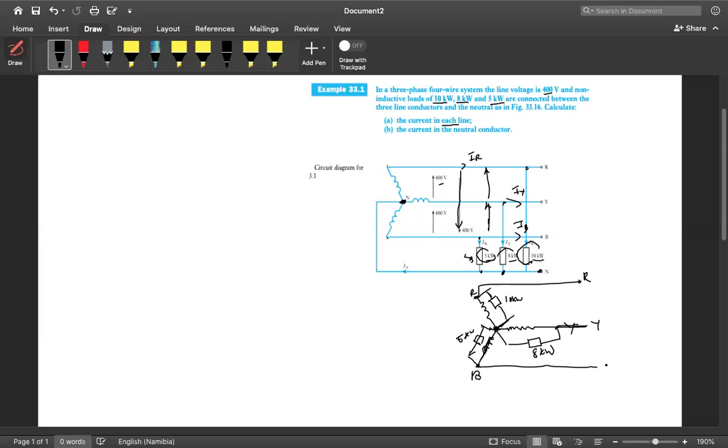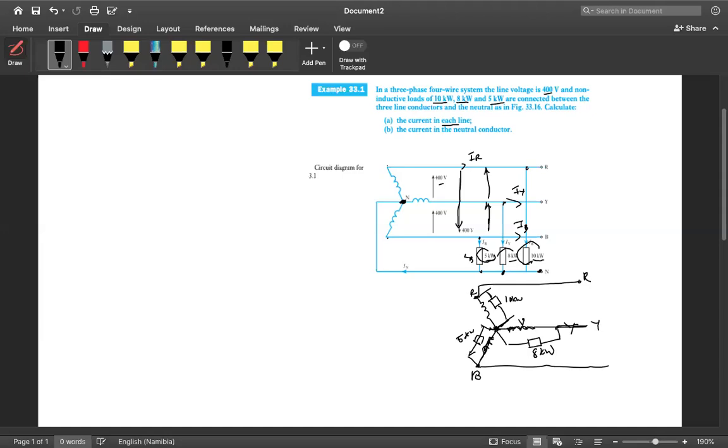The reason why I read through this is I want you to see that these loads have been connected within the phases. Are we together? That means it becomes very easy for us to do our calculations.